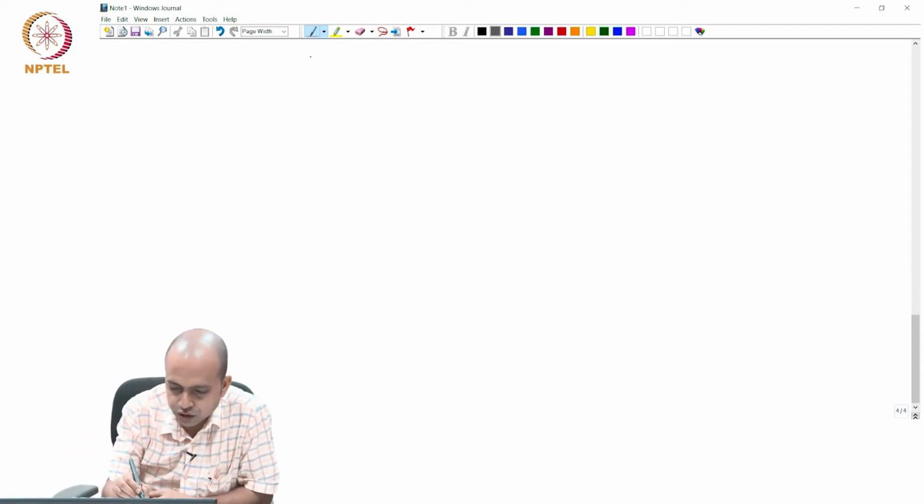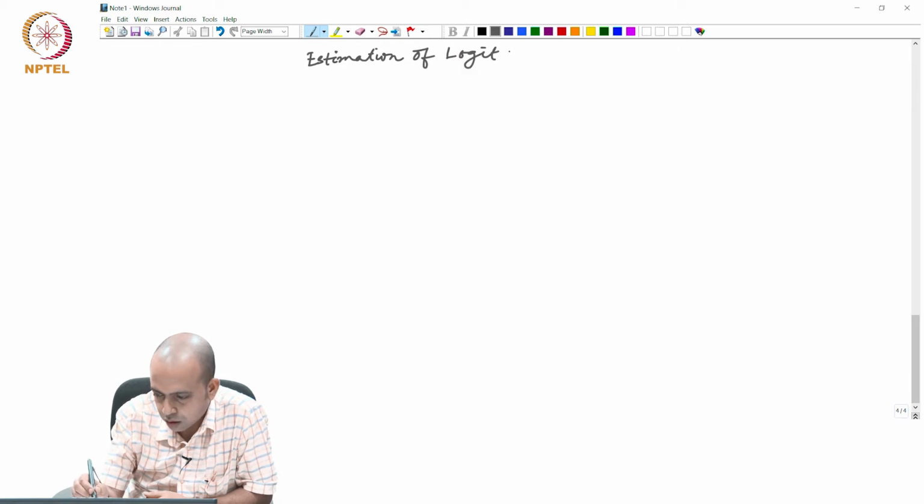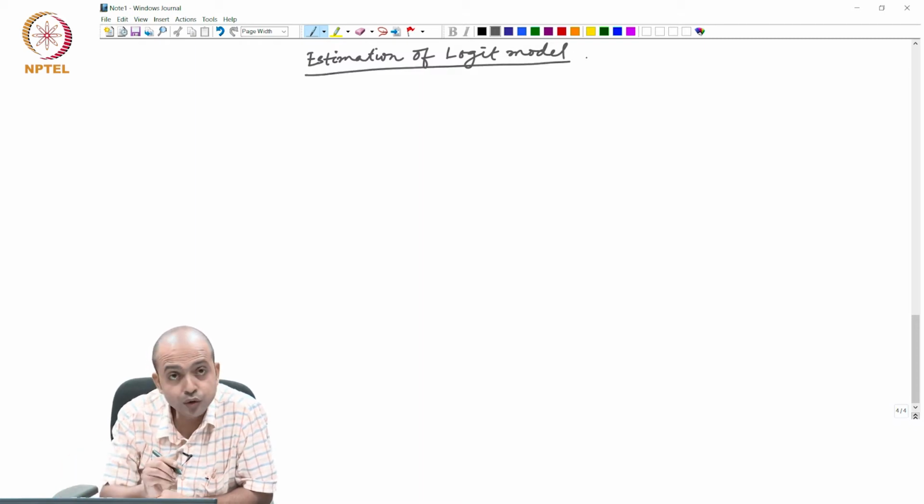So, estimation of the Logit model that we are going to discuss. How are we going to estimate?